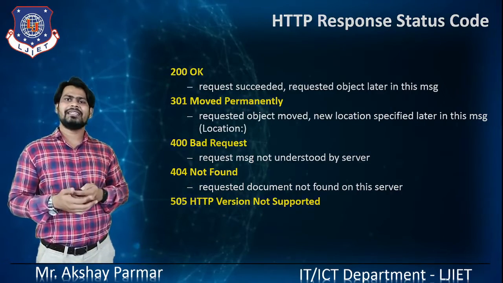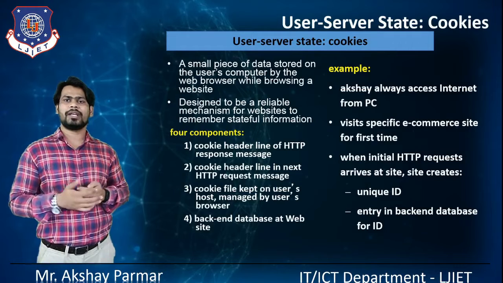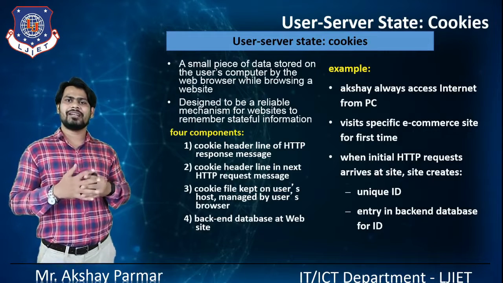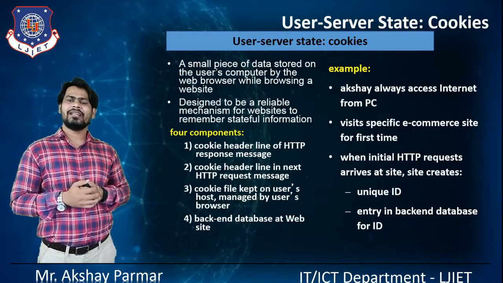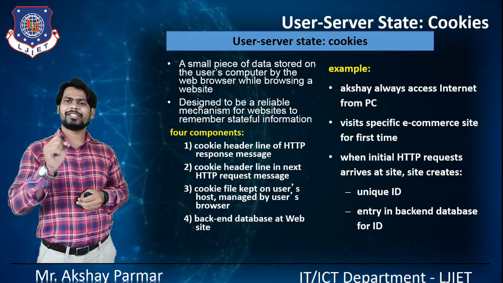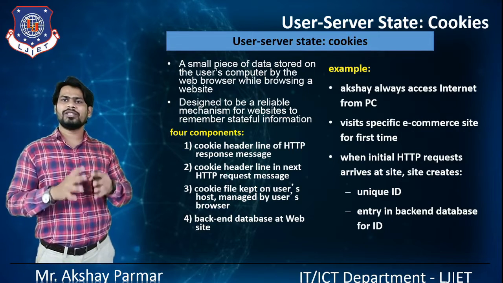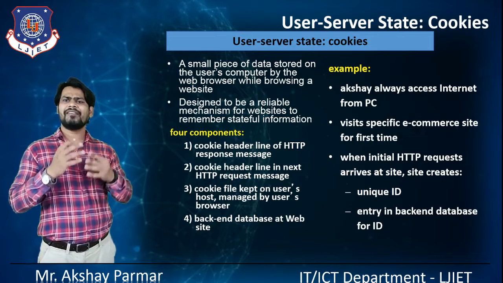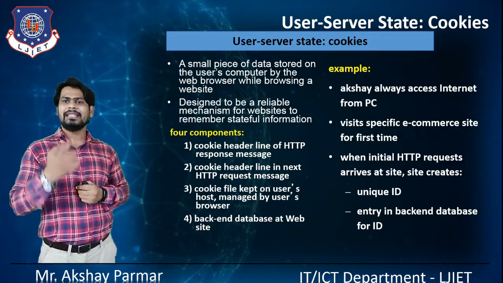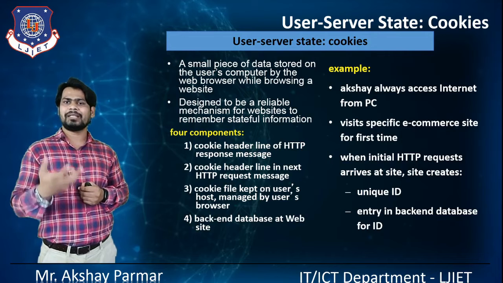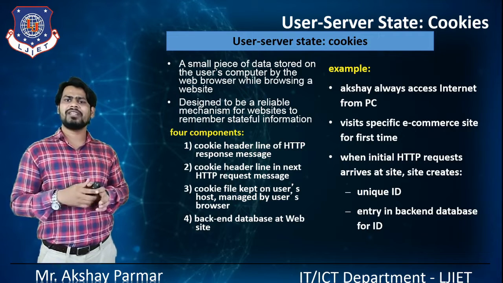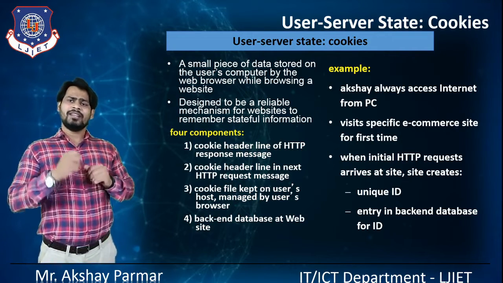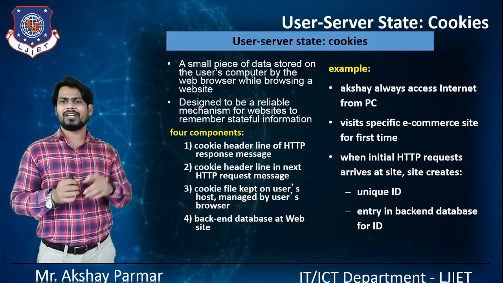After that, let's see how cookies and caches work. At the user-server state, what are cookies? A cookie is a small piece of data stored on the user's computer by the web browser while browsing websites. It is designed to be a reliable mechanism for the website to remember stateful information. Cookies have four basic components.